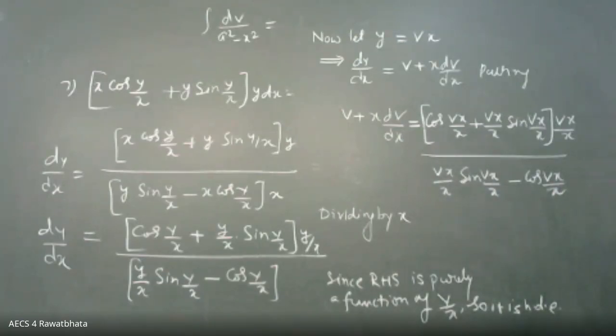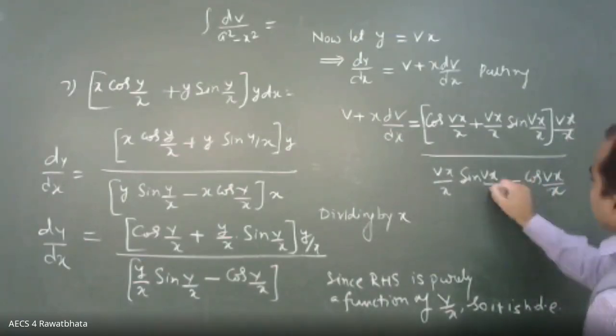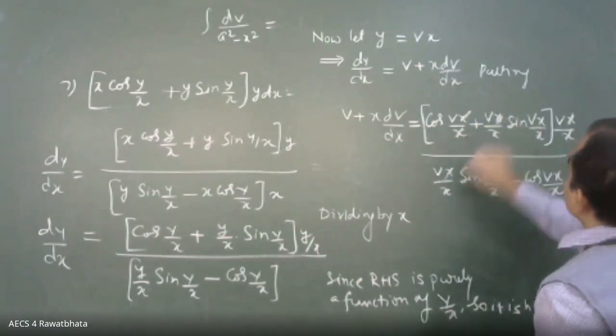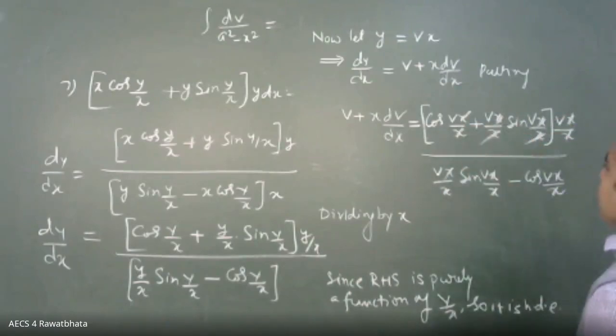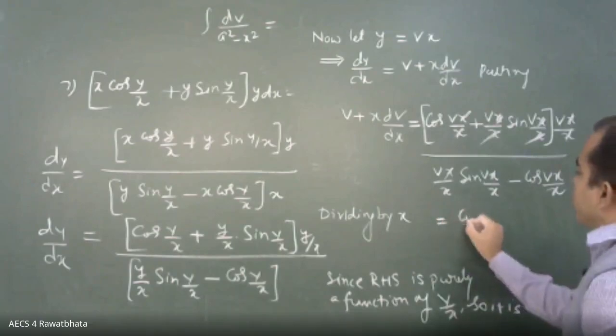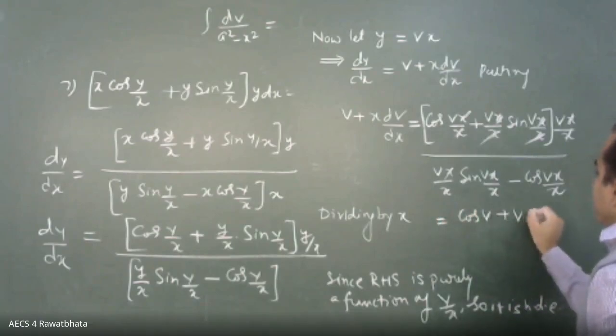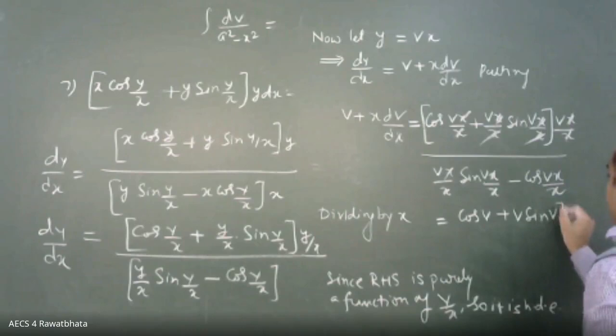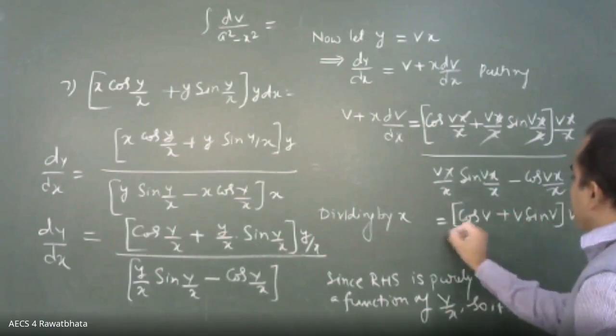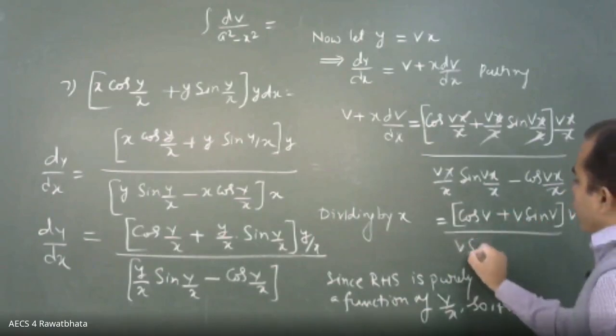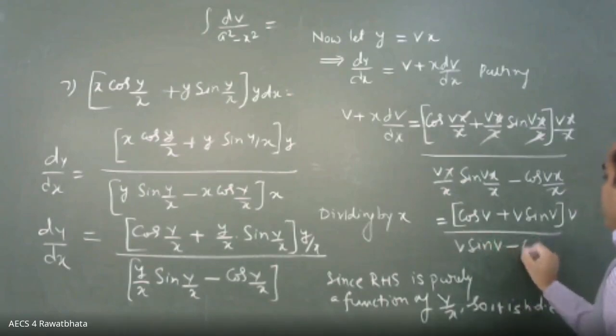Okay, so here x get cancelled everywhere, and this becomes cos v plus v sin v into v whole upon v sin v minus cos v. Right.